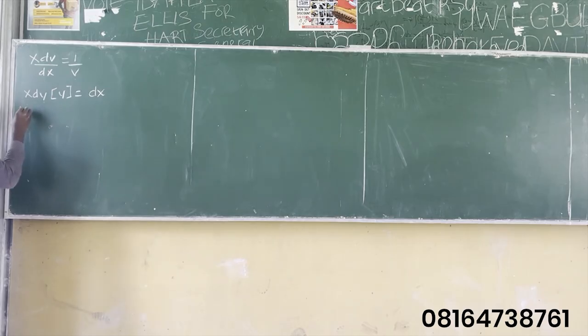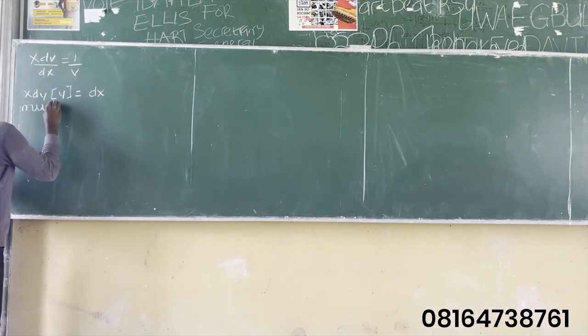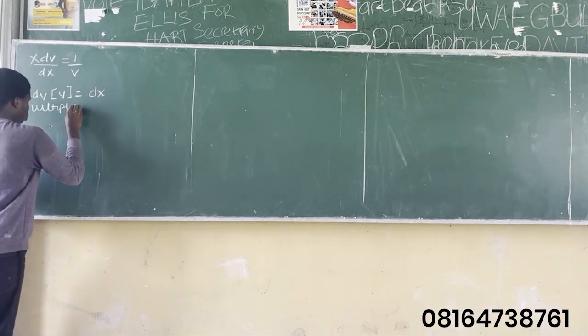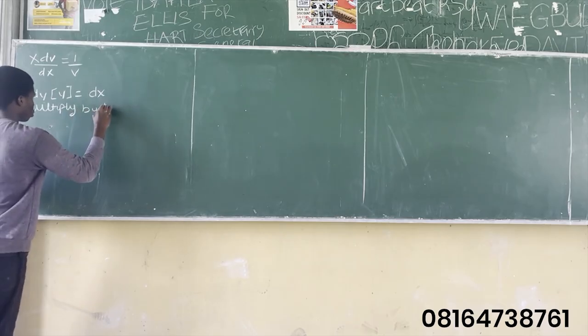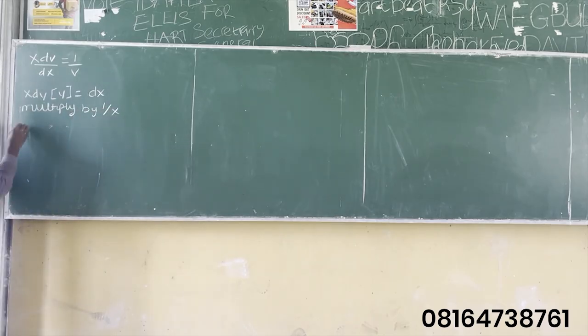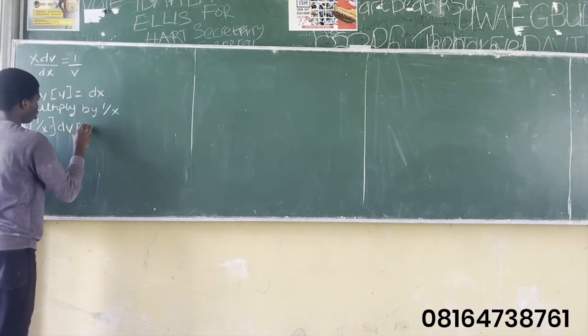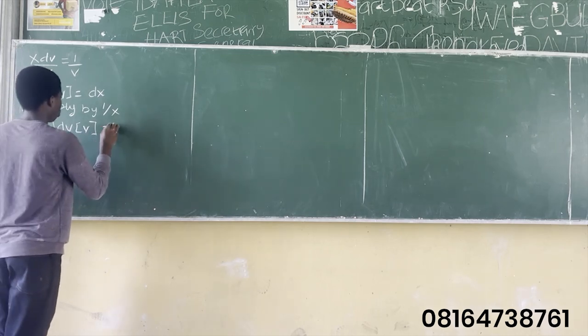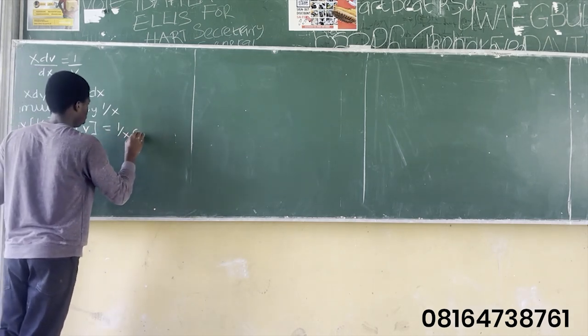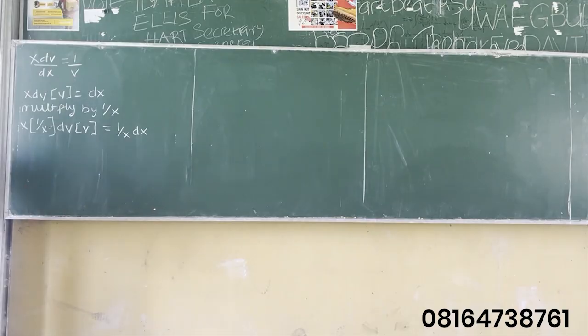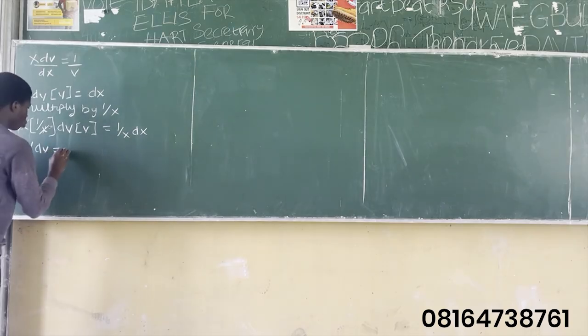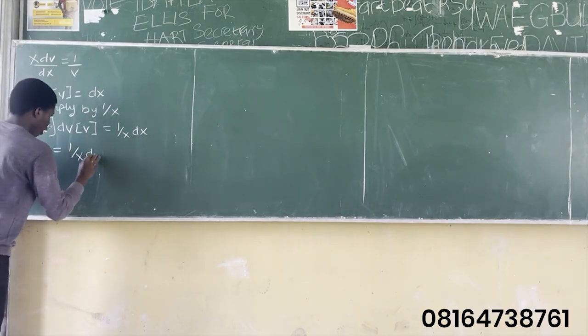So x multiplied by 1 over x cancels out, and we'll be having v dv, which is equal to 1 over x dx.